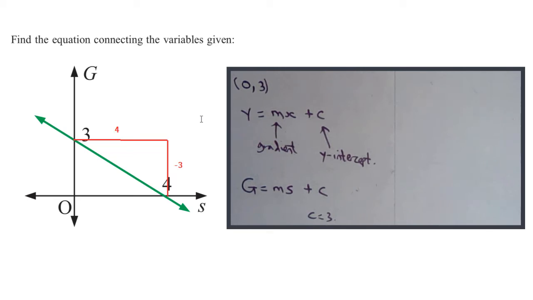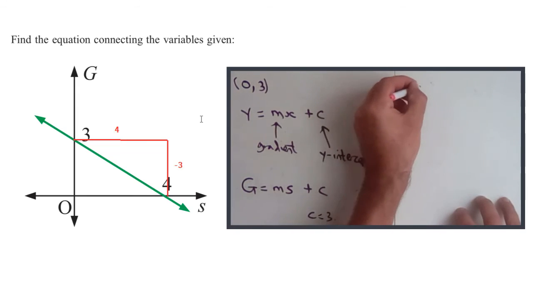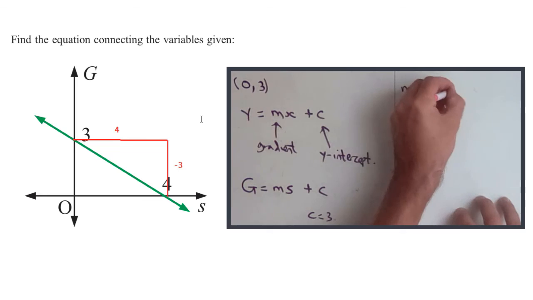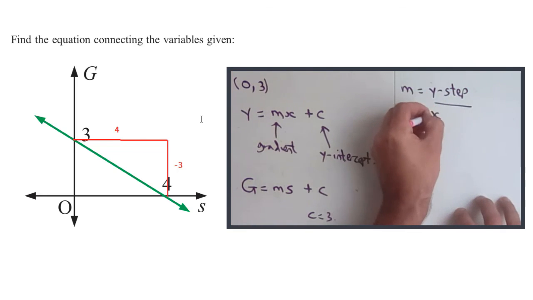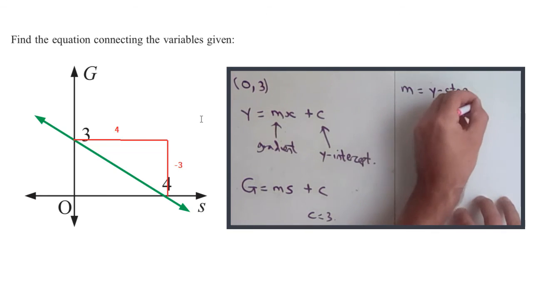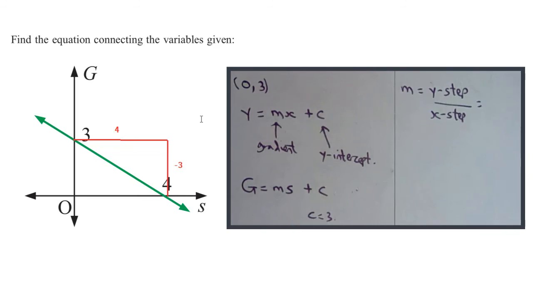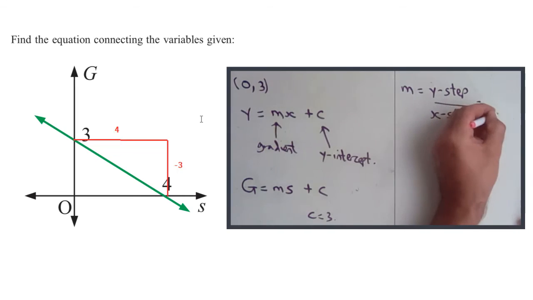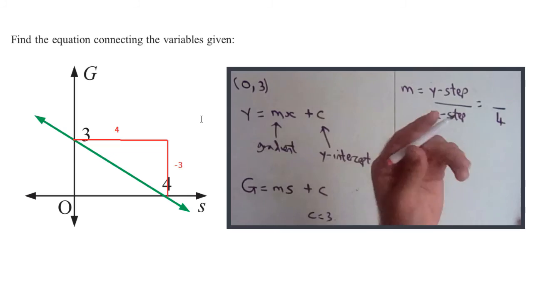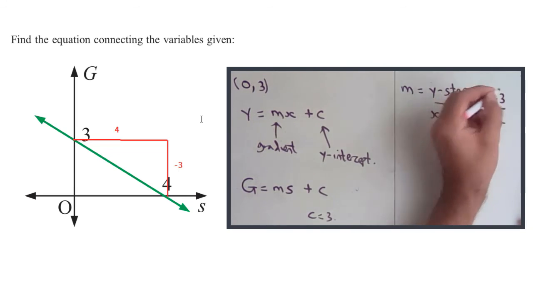Okay, so for m, we know that m equals y step over x step equals, and the x step is always positive, in this case it is 4. The y step is negative if you go down. We do go down, it is minus 3.